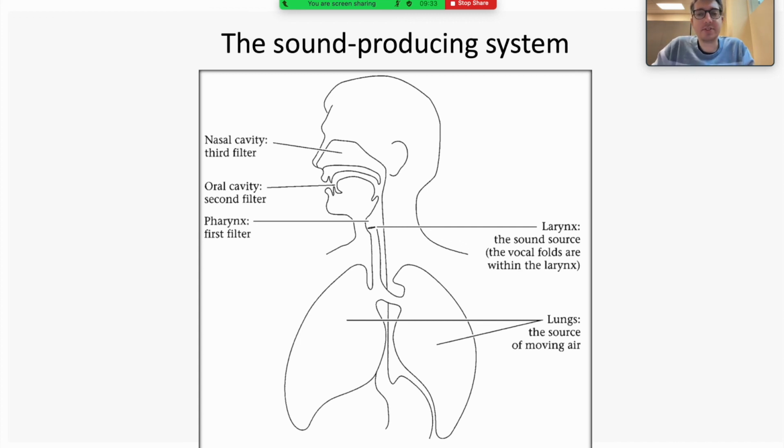I'll now move on to the sound producing system. Very briefly, I want to describe to you how we make these sounds. We start from the lungs first.